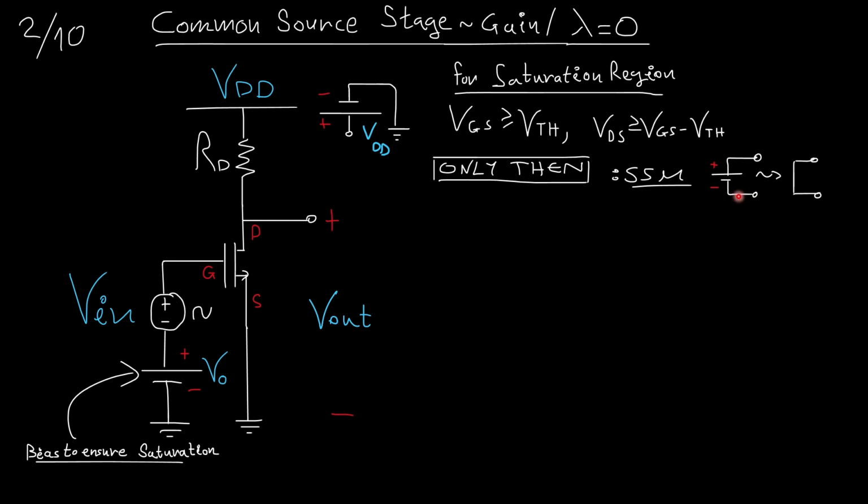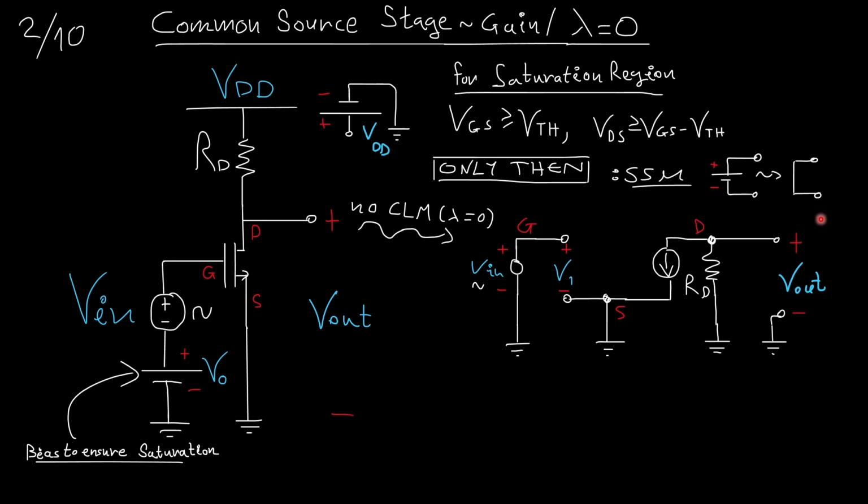Therefore, our batteries must become short circuits. So, if I assume no channel length modulation, my circuit becomes this. This voltage source became 0, therefore a short circuit, same as the VDD, all right, became a short circuit, that it should be here.